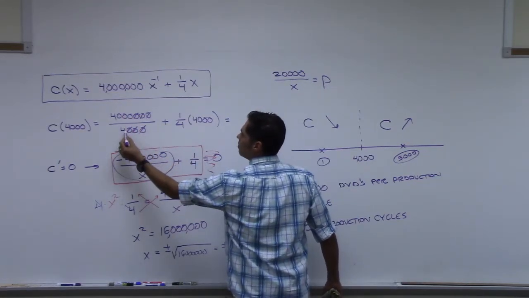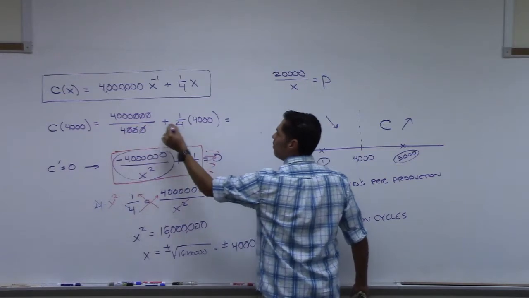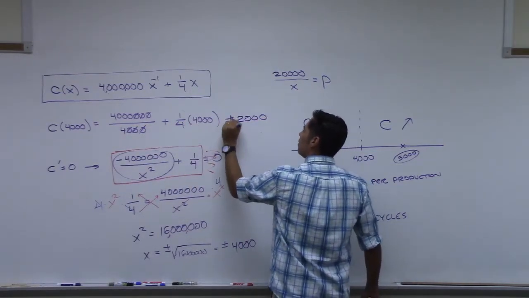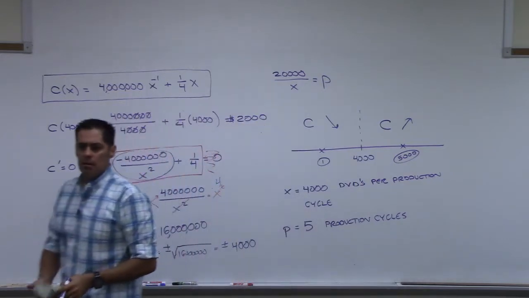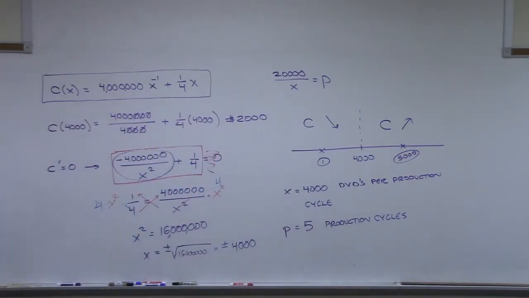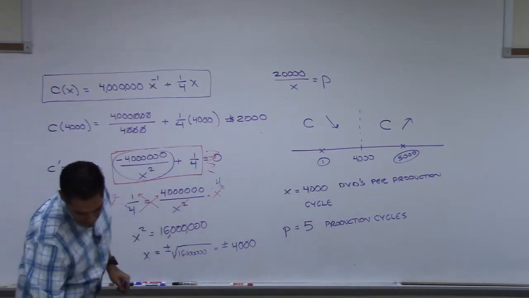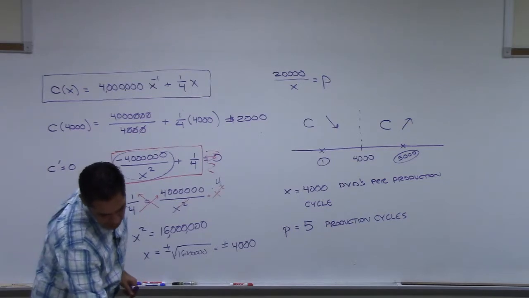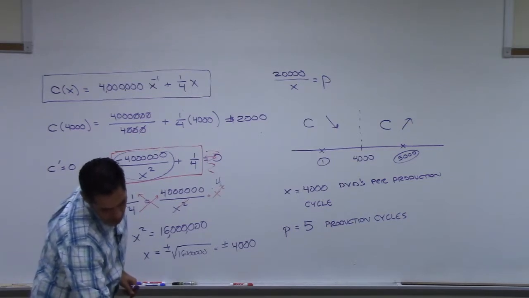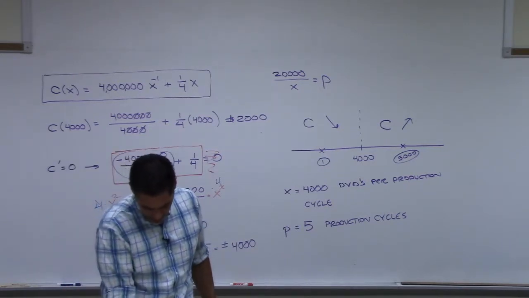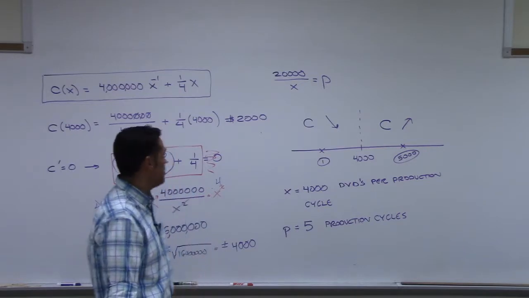Because the 4's cancel, so this is 1,000 plus 1,000, this is 2,000. You're okay with that? Okay. A lot of zeros. I did this example out of the book, so I'm wondering if they found the cost there. Oh, there it is, yeah, 2,000.